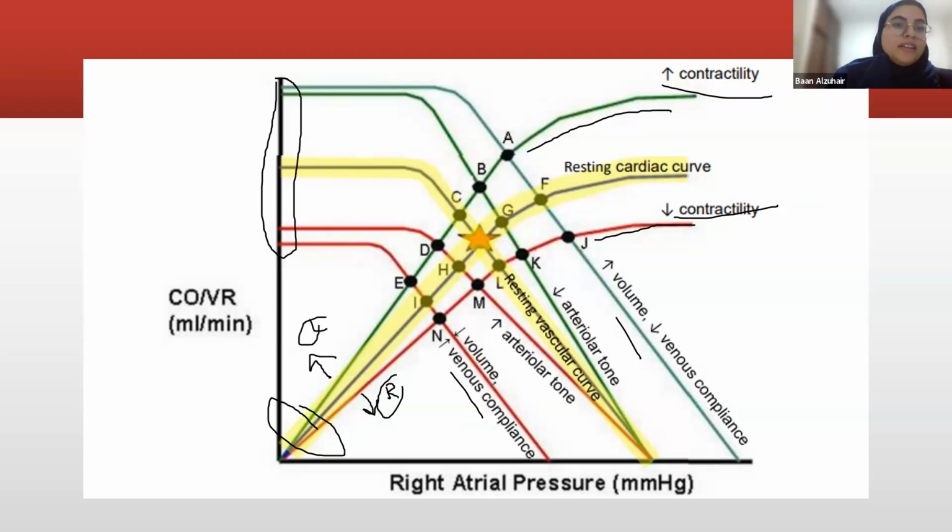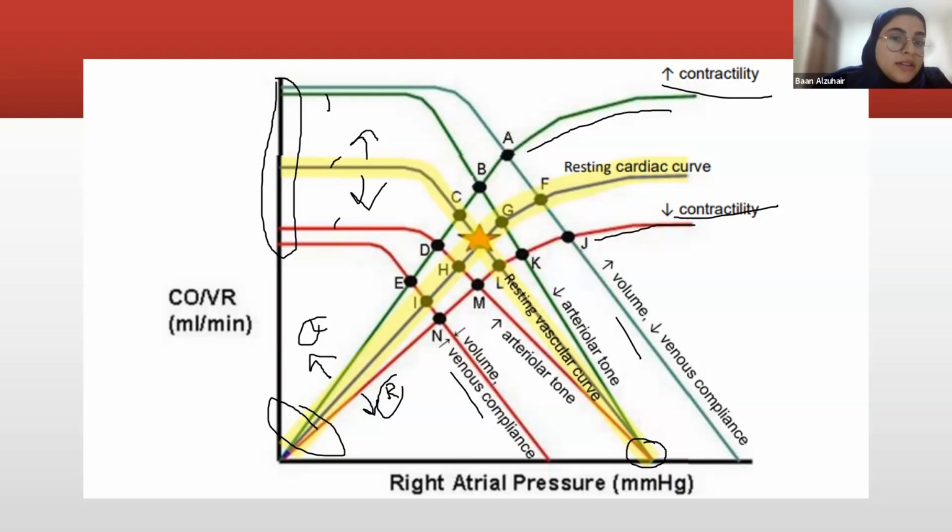Now the venous return and cardiac output. These three lines, the dark green one, the blue one which is the normal, and the dark red one, end at the same mean arterial pressure. Whether the shift is upward or downward, these are changes in arteriolar tone.